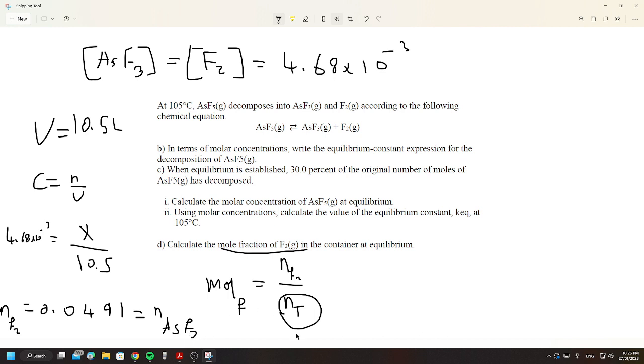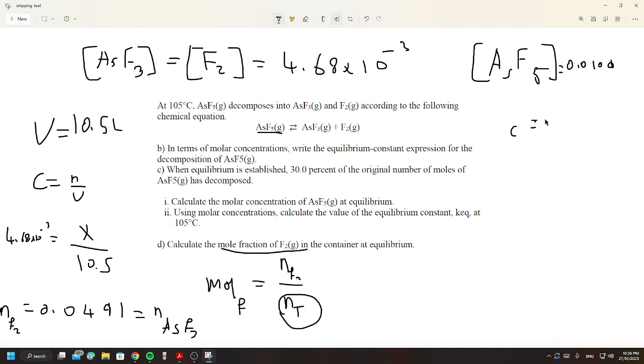And now we want to find the number of moles of AsF5. AsF5 at equilibrium, we know the concentration to be 0.0109, right?